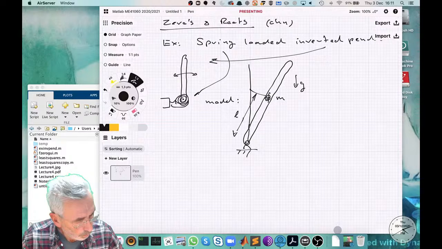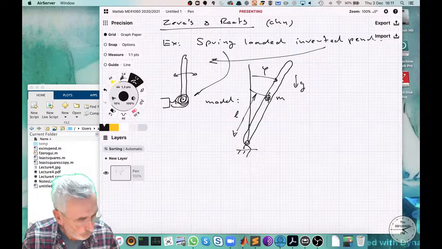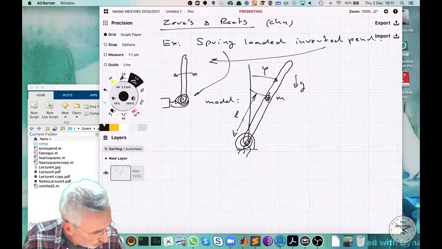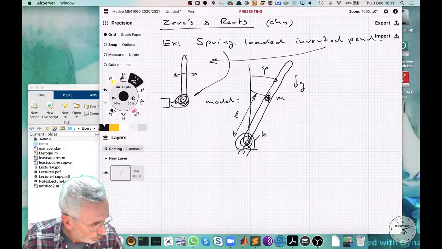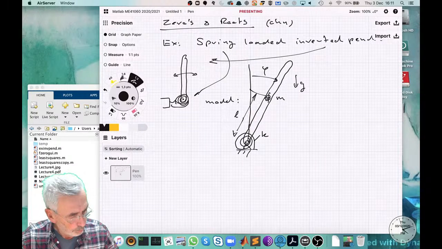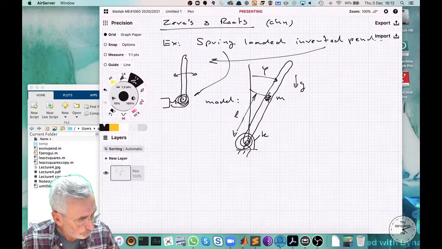And then we have some coordinate, phi. And of course we have this spring, so we connect it to the ground, and the spring stiffness is, let's say, K. So at the distance L we have a mass M, we have gravity here, we have a spring stiffness, and we have some coordinate.